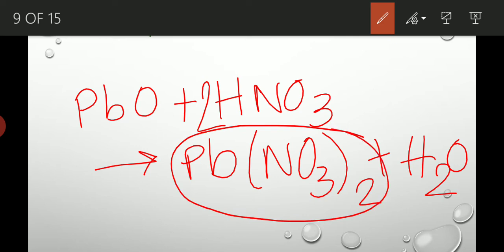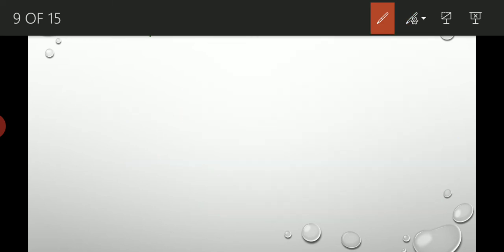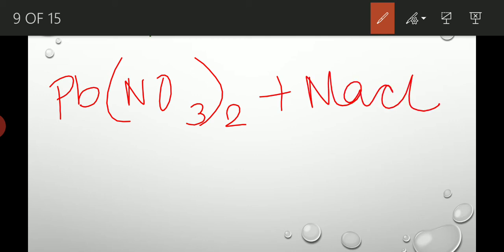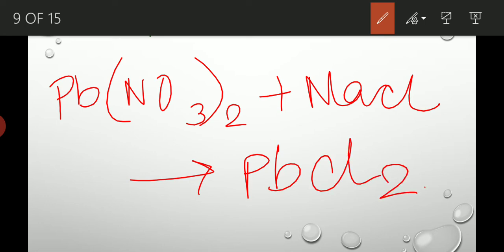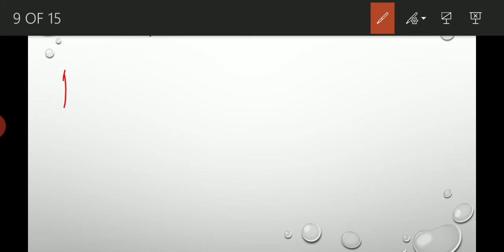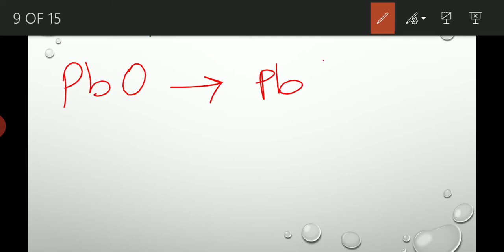Now we have lead nitrate. Next, this lead nitrate is reacted with sodium chloride, and from here we will get lead chloride. Clear? So what are the methods? First, lead oxide is converted to lead nitrate.